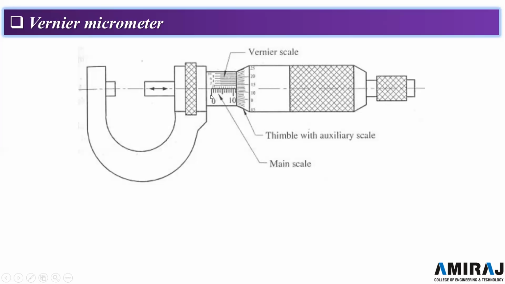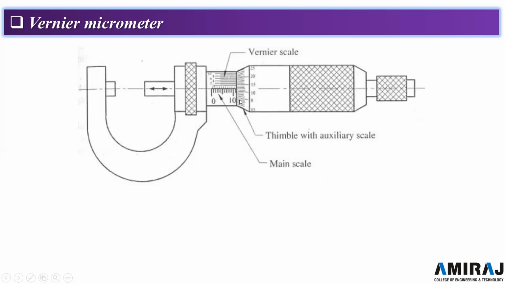Okay. The vernier scale is marked on the barrel, and there are 10 divisions, and one division on the vernier scale is equal to 9/10th of a thimble division. But one division of the thimble is equal to 0.01 mm. Therefore, we can measure the least count of the vernier micrometer, which is the value of the smallest division on the thimble minus the smallest division on the vernier scale.